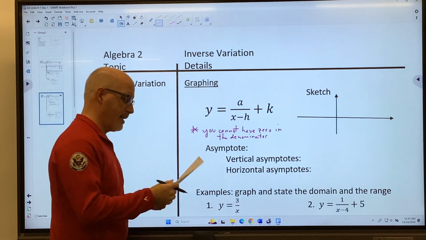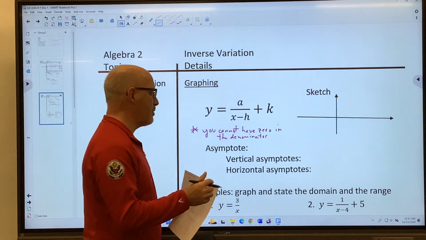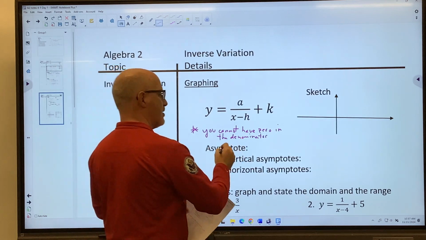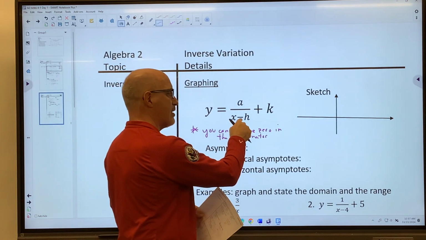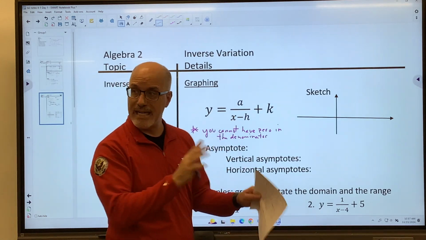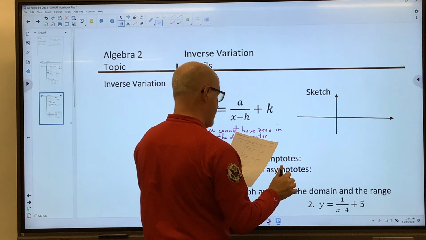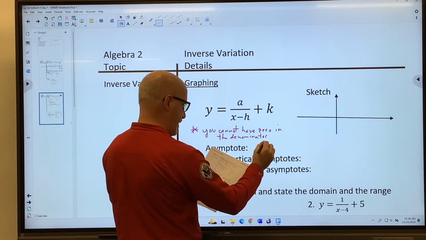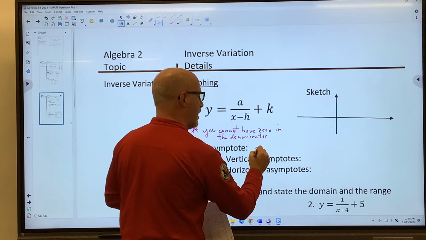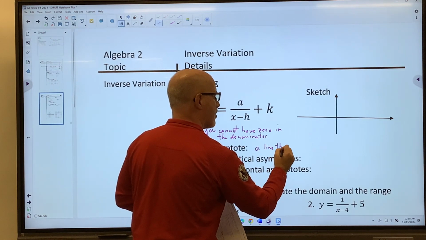Now we've already done asymptotes and talked about this. What I want you to make sure you do is recognize that we're going to have asymptotes with these because we have the case where the denominator might equal 0. An asymptote is a line that the graph gets close to but does not cross.